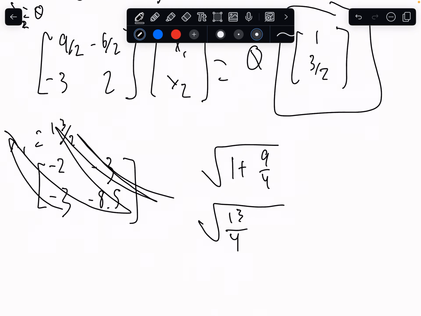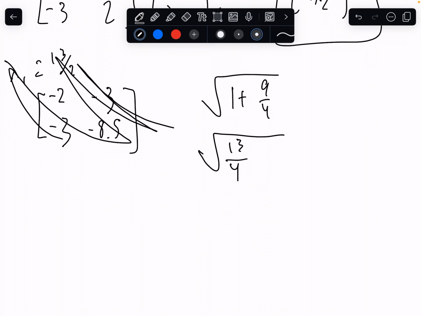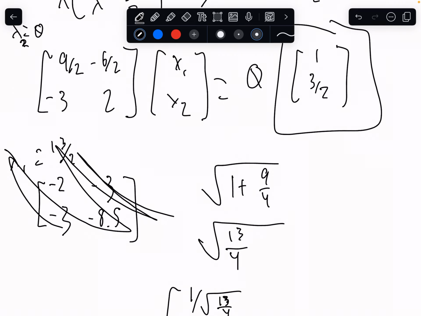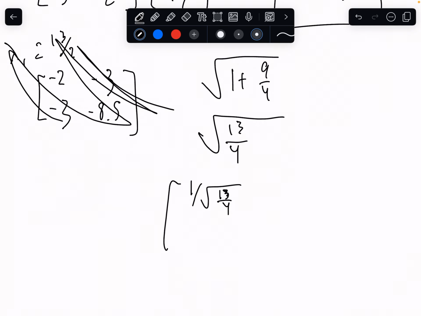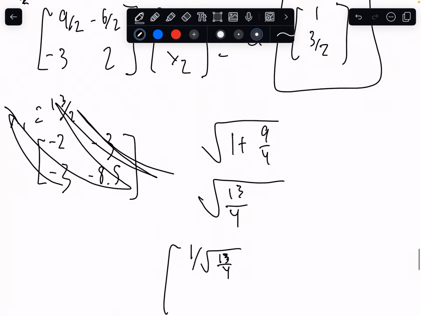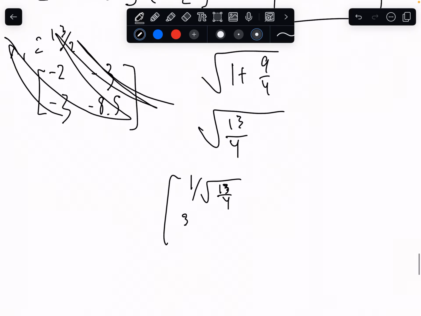So our answer would be 1 divided by root 13/4. And then 3/2 divided by root 13/4.